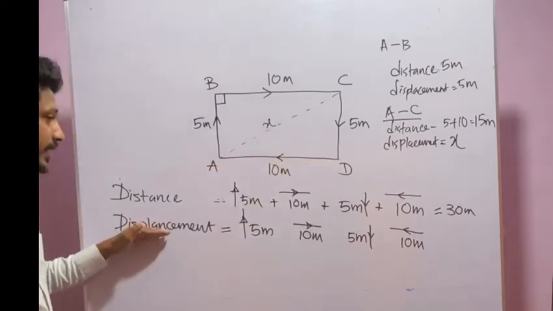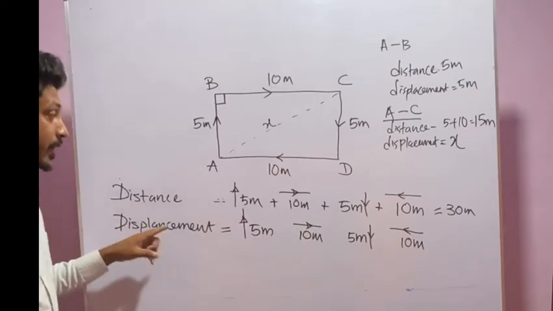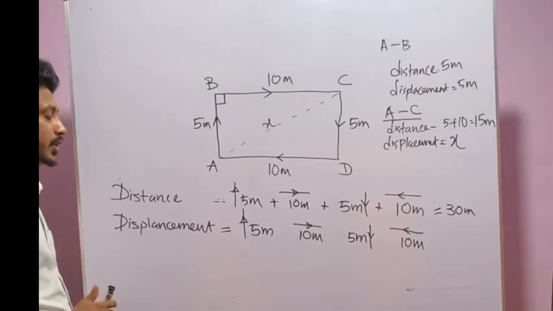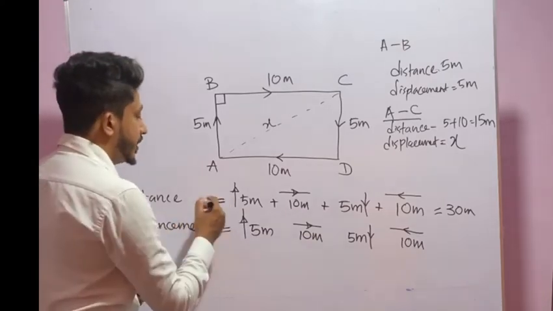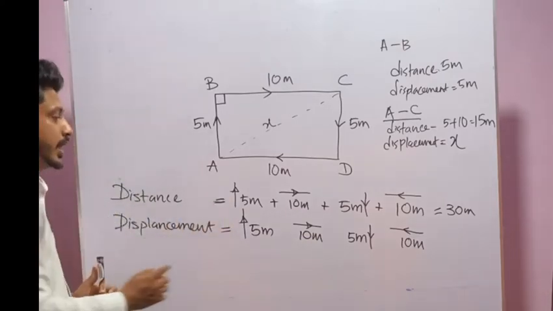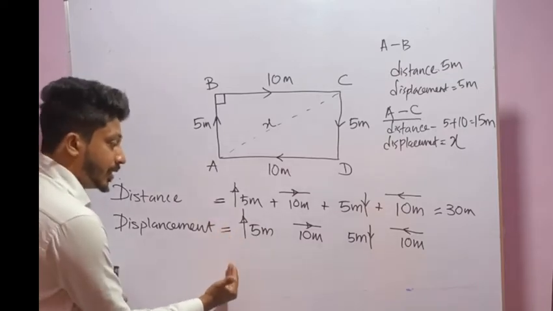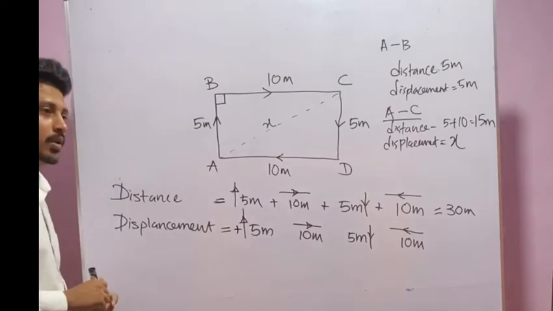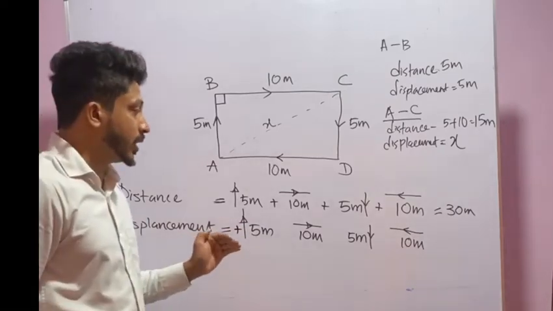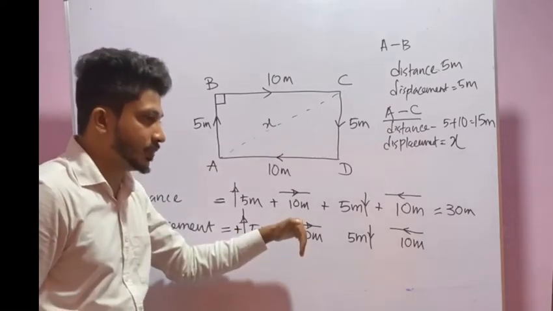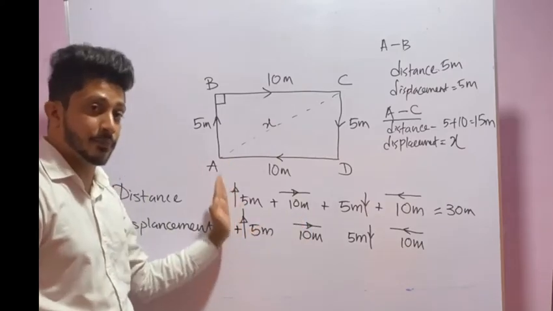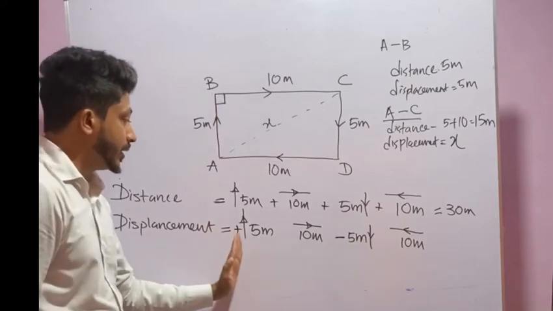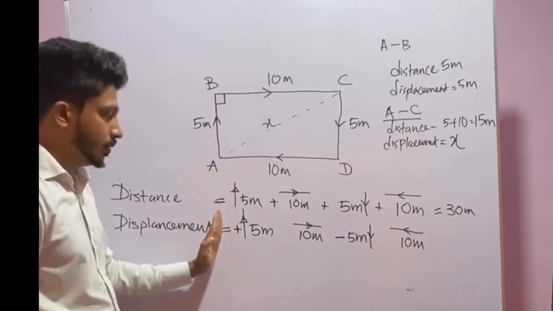But here, as this is a vector quantity, we have to consider the direction. How do we consider the direction? Let's see. This is how we consider the direction. If I consider upwards as positive, I have to consider downwards, which is the opposite of upward, as minus.